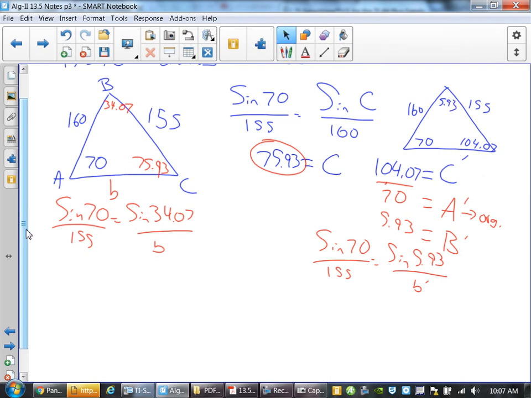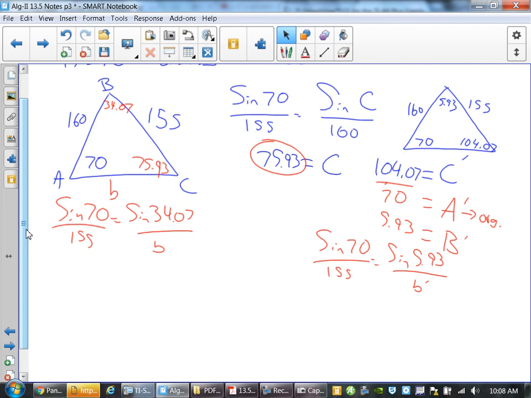As you go through it, the largest angle is going to have the largest side, the smallest angle the smallest side, the medium angle the medium side, and so on. But the idea here is once you find that secondary angle, you just bounce it around and see if it works. Now, do you have to worry about this if you're given side angle side?